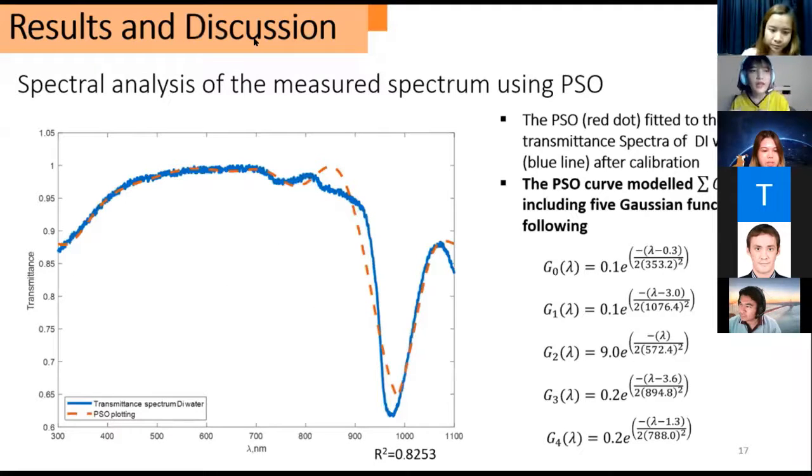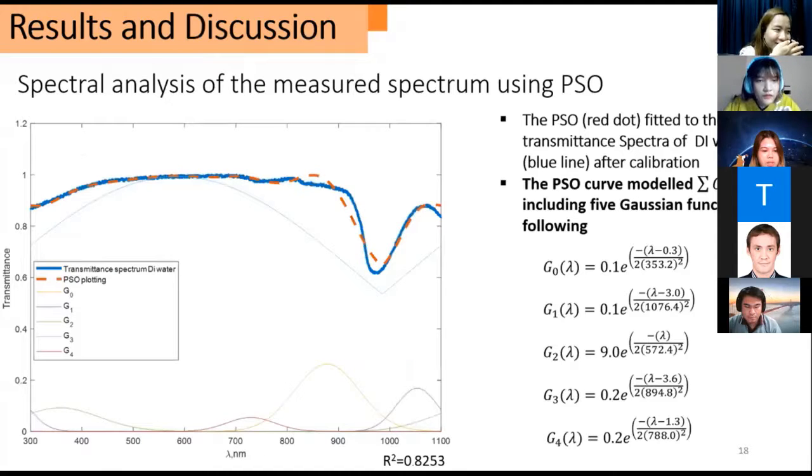And this slide shows my result when measuring the DI water. The blue line shows the transmission spectrum from the standard spectrophotometer, and the red dot shows the PSO curve fitting.